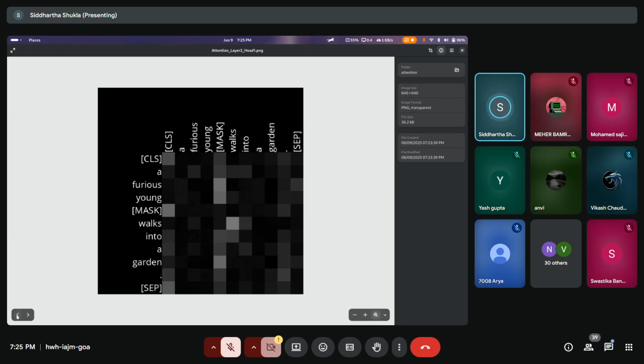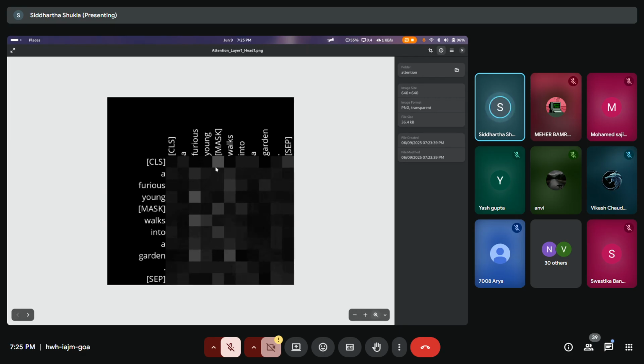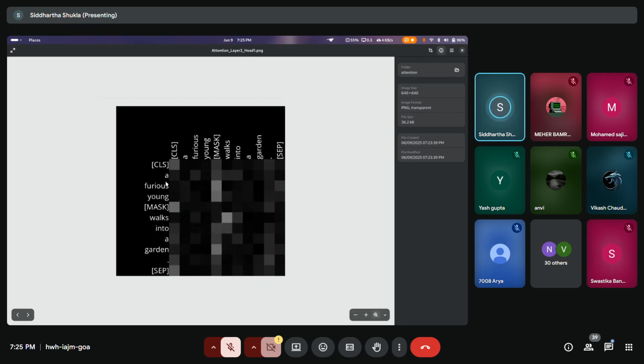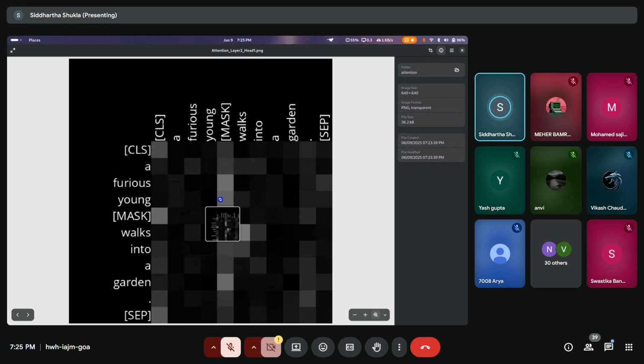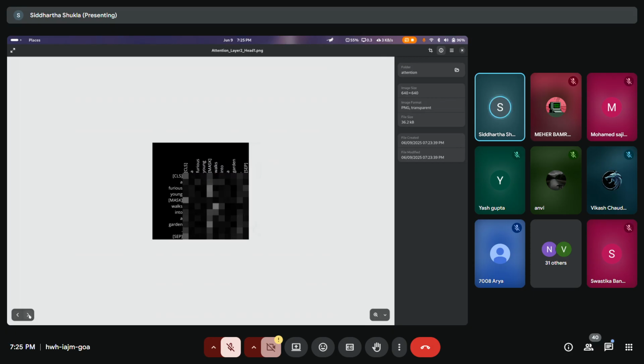In the first layer, Furious and Young don't really attend to mask. But in the very next layer, Furious and Young start attending to the mask token, since Furious and Young serve as a description for the mask token. They are adjectives for mask.